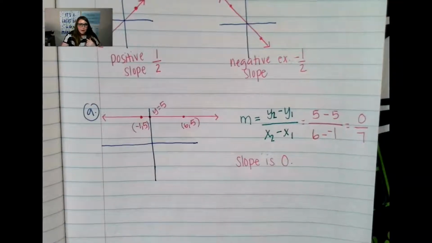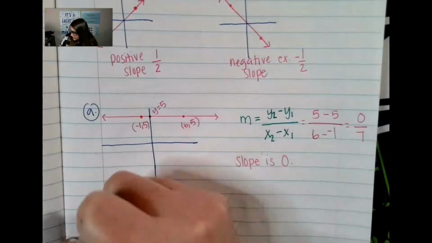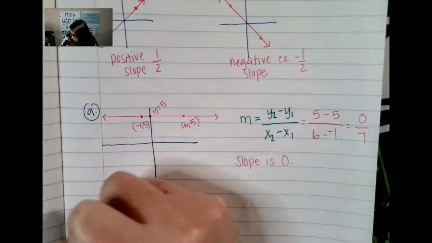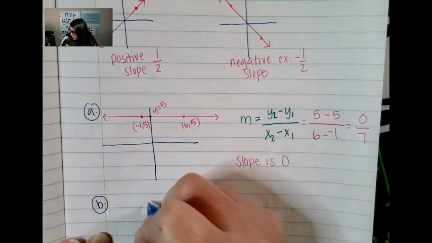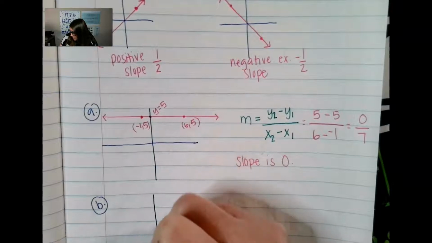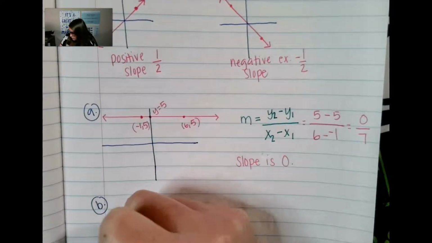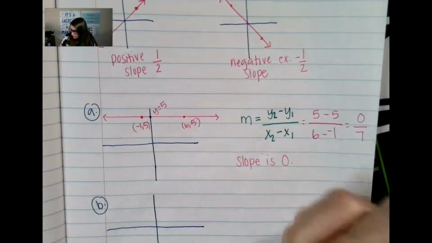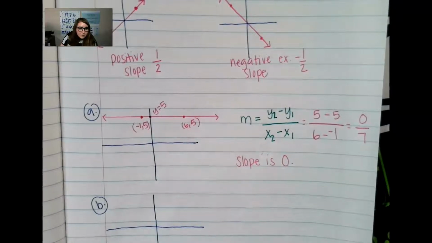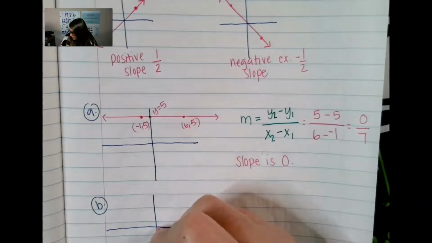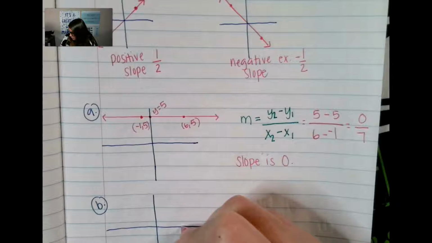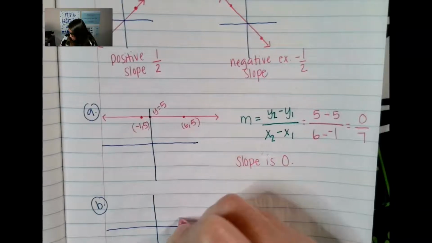Now let's look at one that would look like this, example B. So let's say in example B, I have another graph that looks like this, but this time my points are at 4, 6, and 4, 2. So I'm going to go over 4 and up 2.